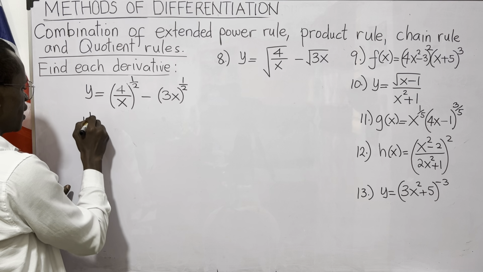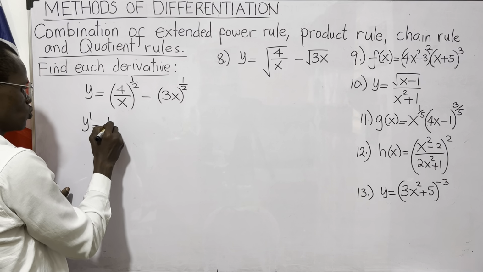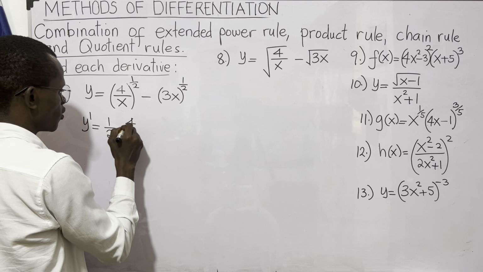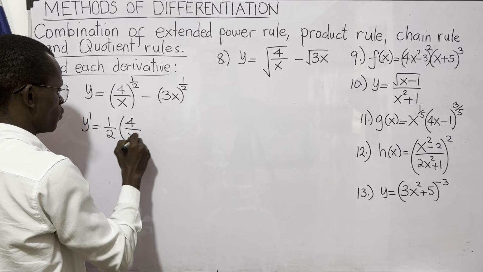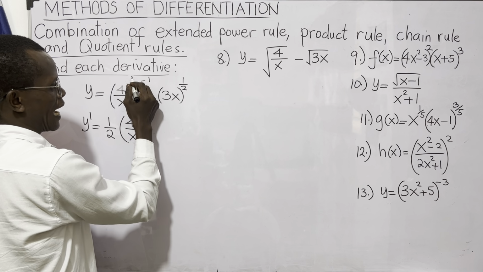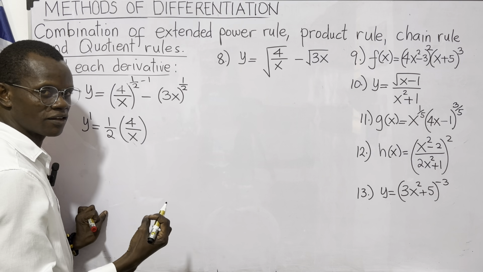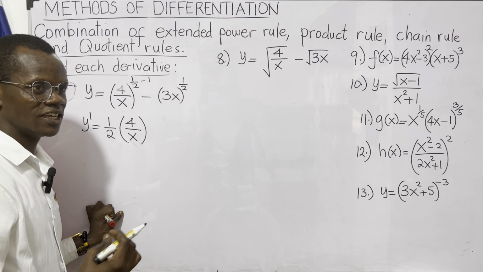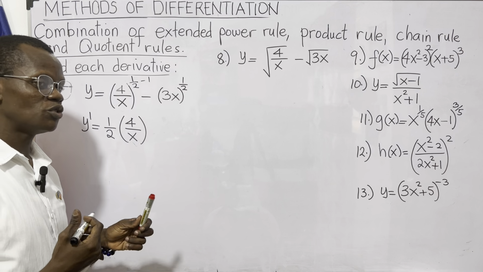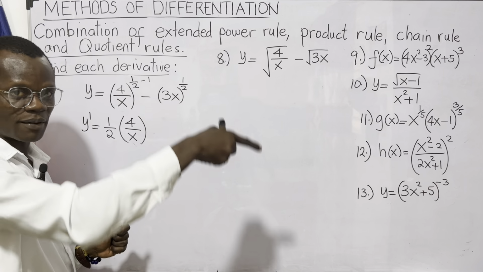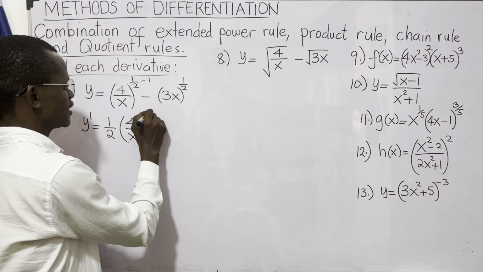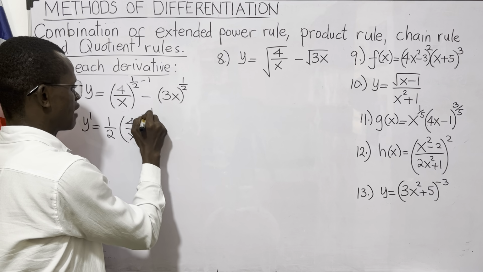So y prime now, we drop this 1 over 2 and rewrite 4 over x raised to the power. Now subtracting 1 from here, it's like half. You subtract 1 from half. It's like you have half a banana, then you take 1 from it. It means you need an additional half banana to add to your half to make it 1. So you will be having an outstanding half banana.